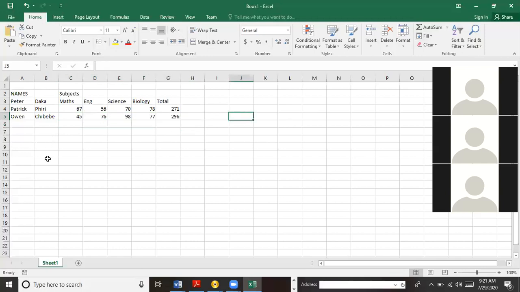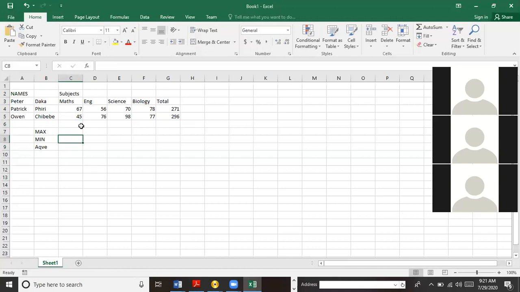Okay. Then I need to find the maximum. Maximum, minimum, then average. So we'll find the average.